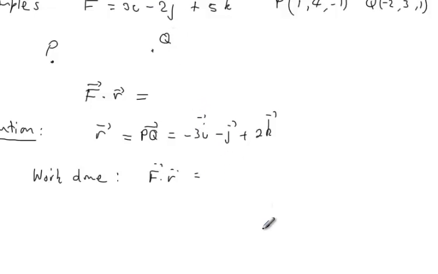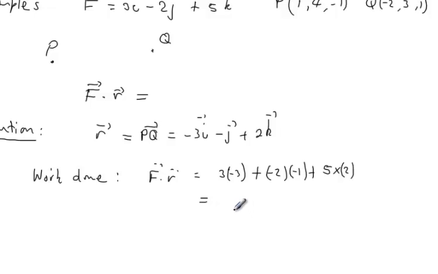So it's 3 times minus 3, plus minus 2 times minus 1, plus 5 times 2.